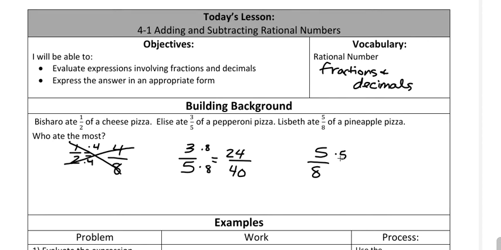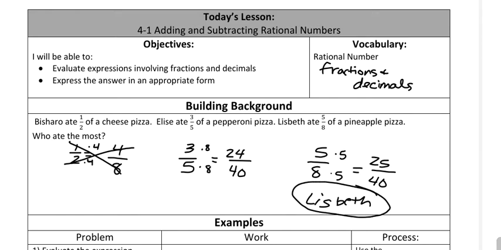I'll multiply this one by 5, that way I get that bottom to be 40, and 5 times 5 is 25. So if both of these were cut into 40 pieces, Elise would have eaten 24 pieces and Lizbeth would have eaten 25 pieces. So Lizbeth definitely ate the most.